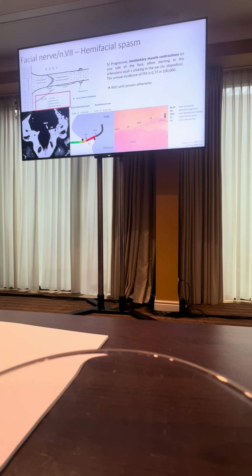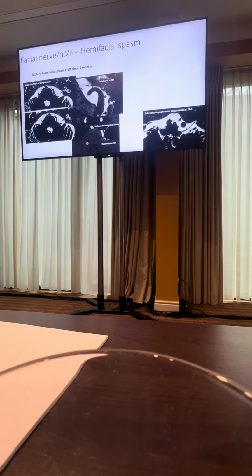More specifically, on the facial nerve, you have your central segment, and you have a little bit of an attached segment. That's where the facial nerve is still attached to the brainstem, and then you have your transitional zone. It's believed, and that's also what I have from experience, that the compressions mostly occur in the attached segment or the transitional zone.